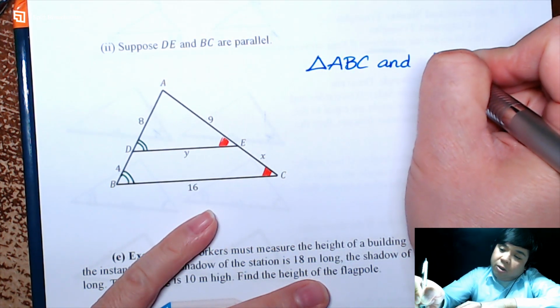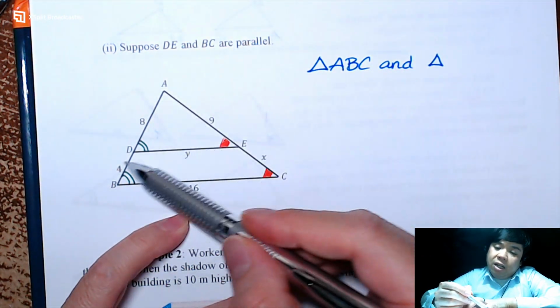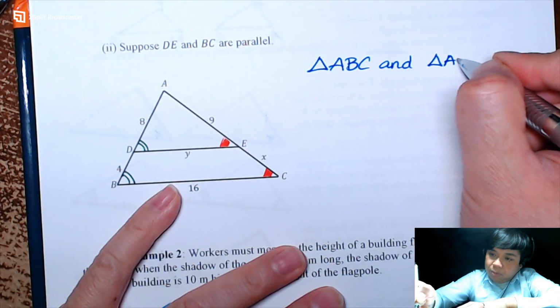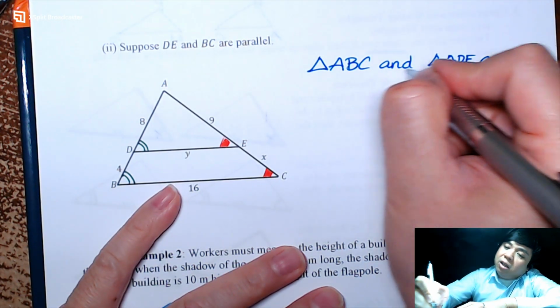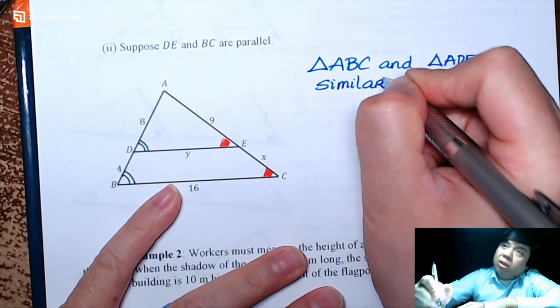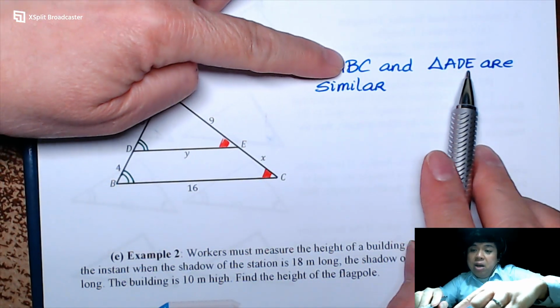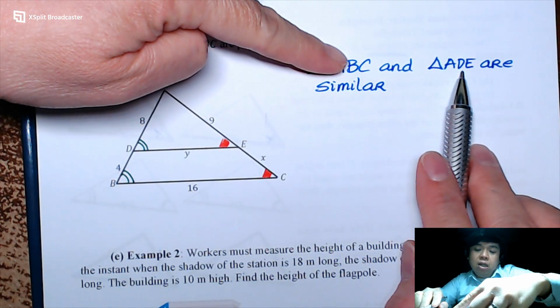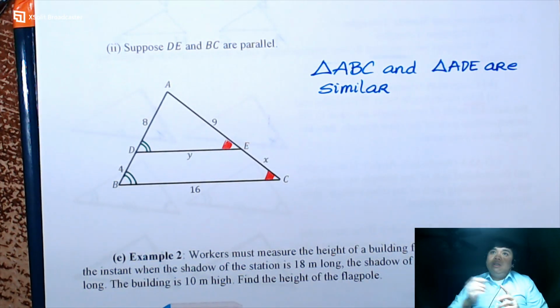So we write triangle ABC and triangle ADE are similar, because A is the same as A, B is the same as D, and C is the same as E. So the corresponding angles are equal.